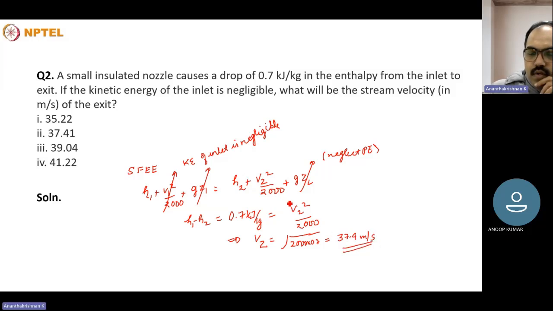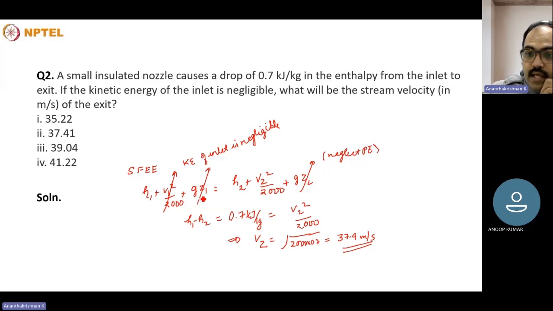Note one thing: we have written this steady flow energy equation in terms of kilojoule per kilogram. H will usually be given in kilojoule per kilogram in problems, so we have to change the other two parameters accordingly. The kinetic energy is mV squared by 2, but to get it in kilojoules we have to divide by 1000. That's why the bottom term is 2000, 2 into 1000, and it is divided by mass to get kilojoule per kilogram.